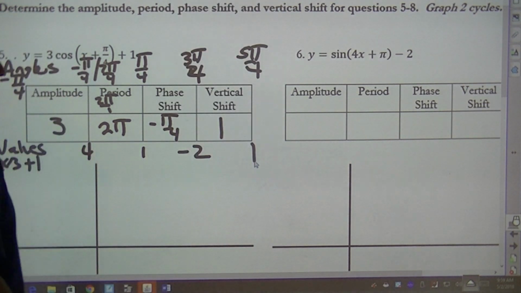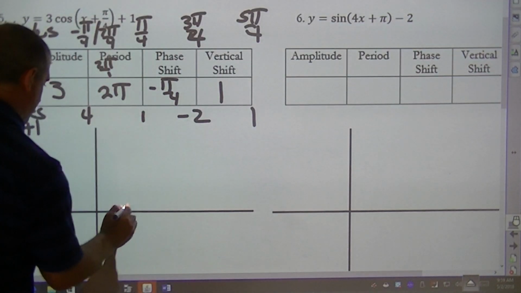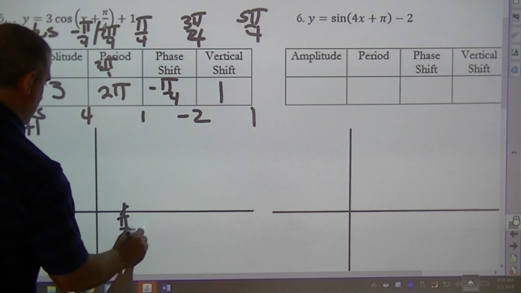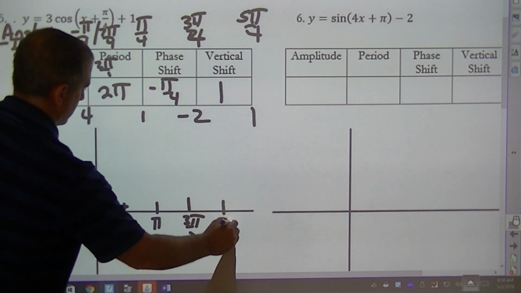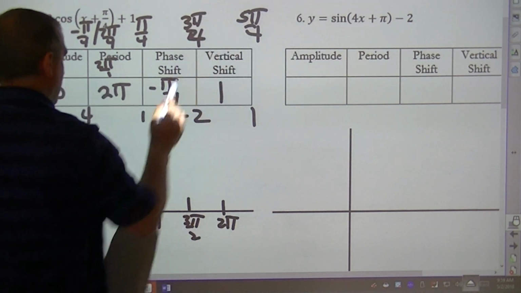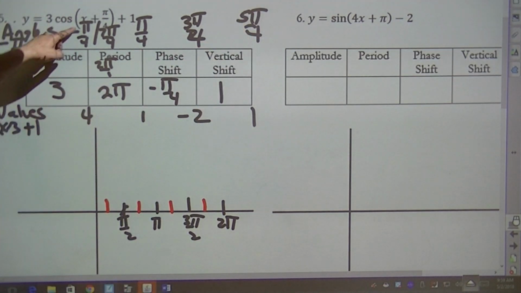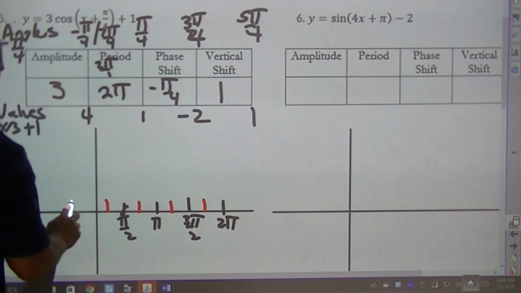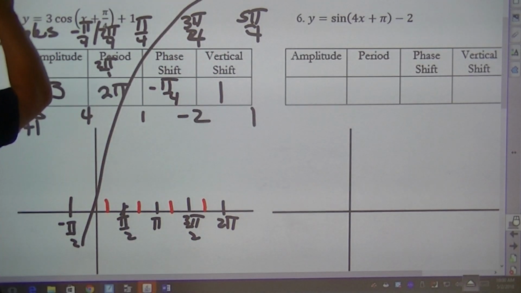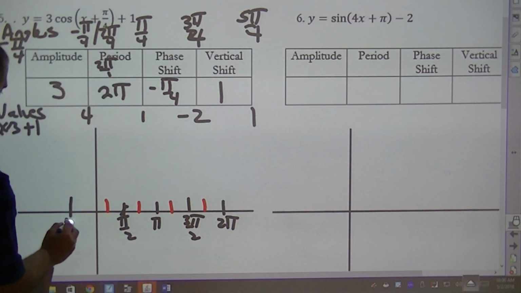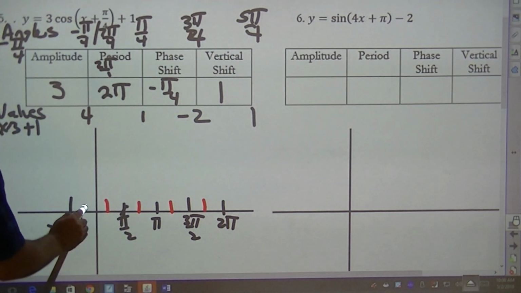Okay, so as I graph this, I would have pi over 2, pi, 3 pi over 2, 2 pi. I'm going to use a little color of red for my quarters, and I'm going to plot with blue. I got to go back, because I got a negative angle, negative pi over 4.